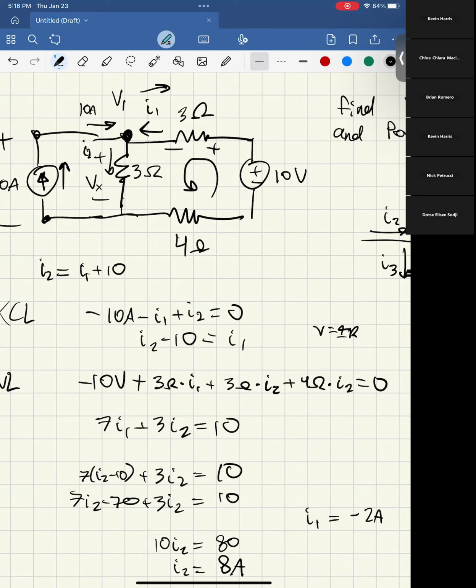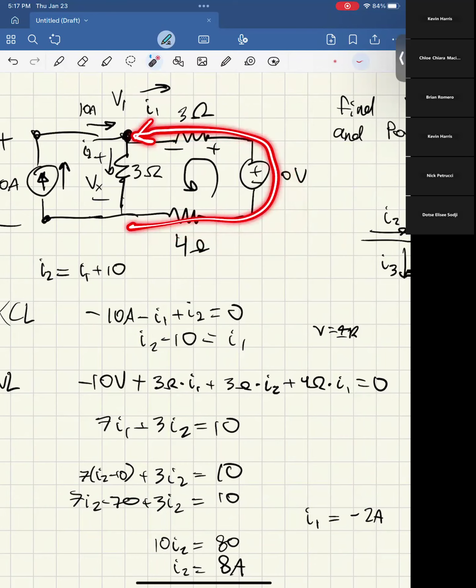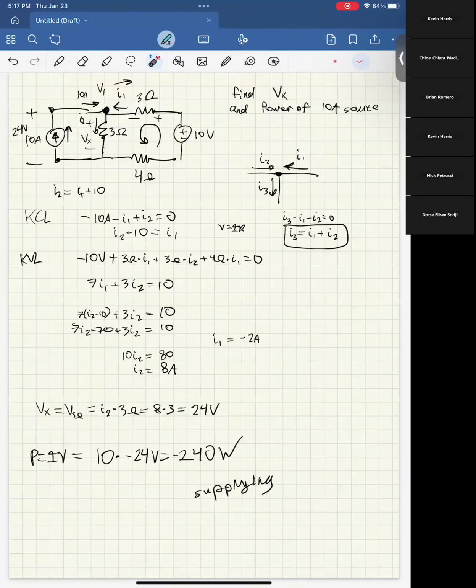It's just that for the 4 ohms, it should say I1, not I2. Thank you for calling that out. I said this as I was doing it and then wrote the wrong thing. Since it's I1 here, there's only one path for the current to flow, so you also have I1 flowing through the 4 ohm. I wrote that wrong, but luckily I did the math right.